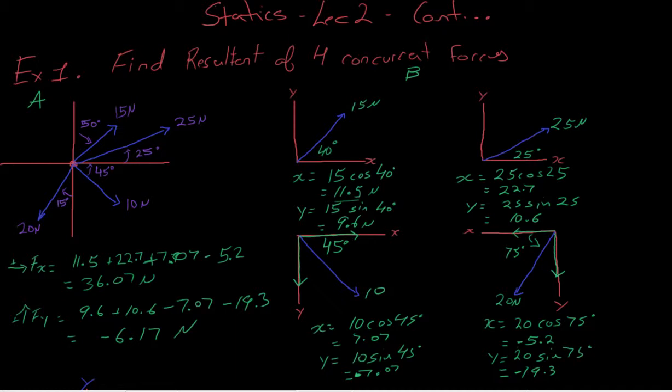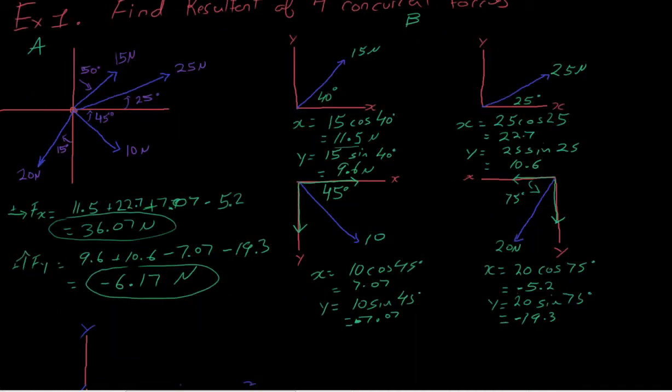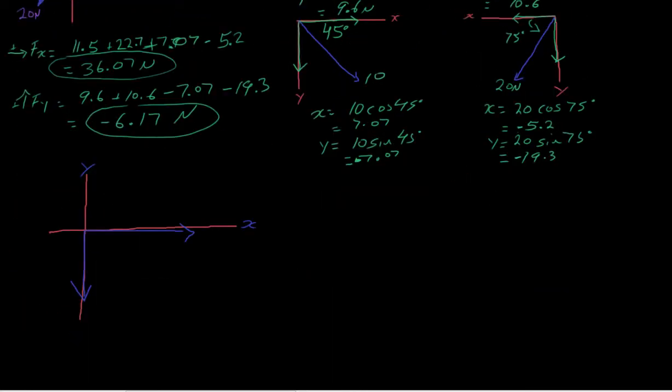So these are the components of our resultant, the x component and the y component. If I go down here, I've already drawn it for you. The y component is going to be down, and the x is going in the positive direction, this way. So essentially this is 36.07 and the y is minus 6.17.